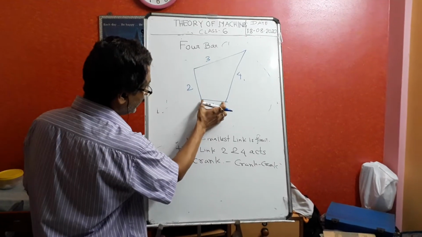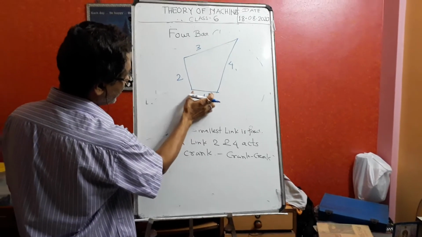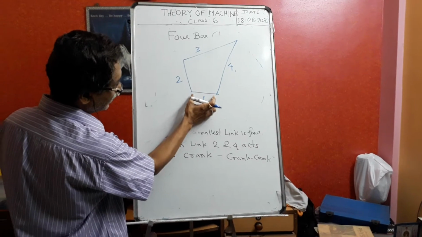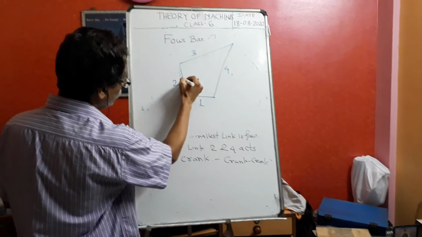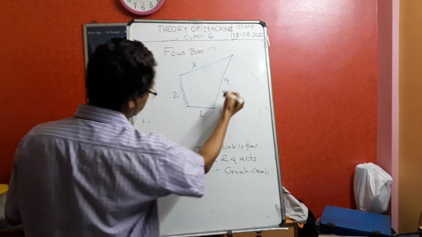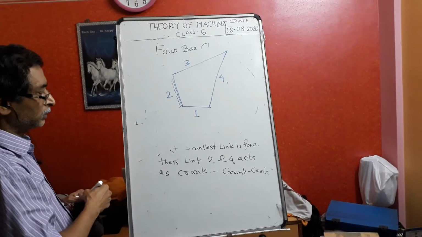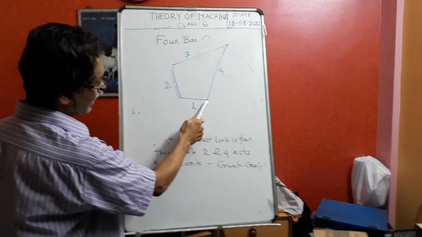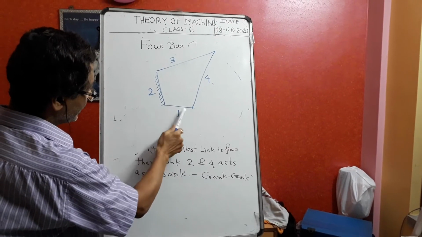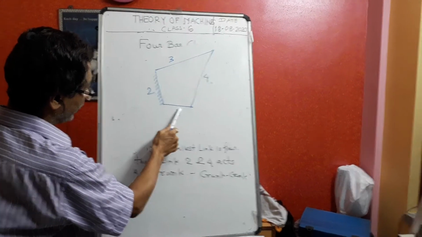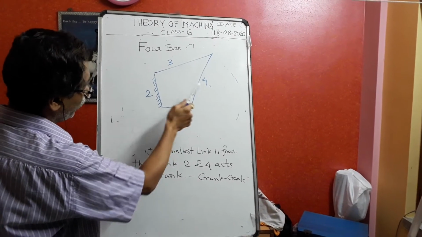Which links are adjacent to the smallest link? Link number 2 and link number 4. So either 2 or 4 I fix.